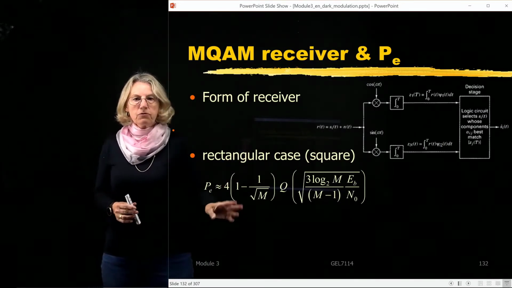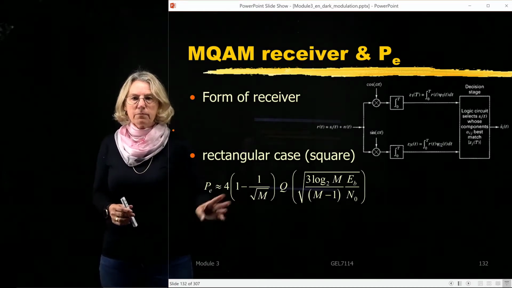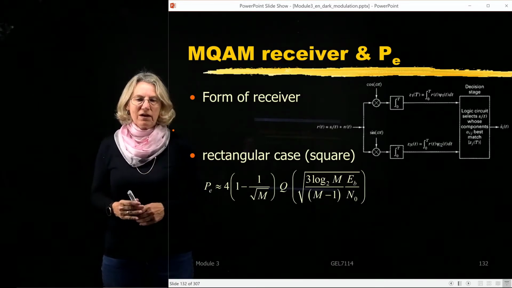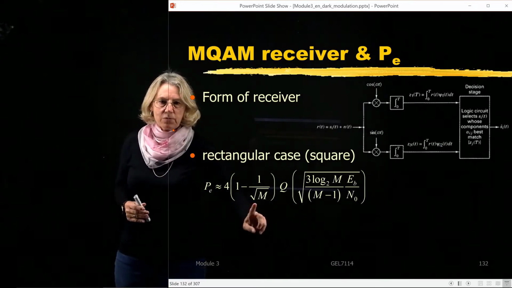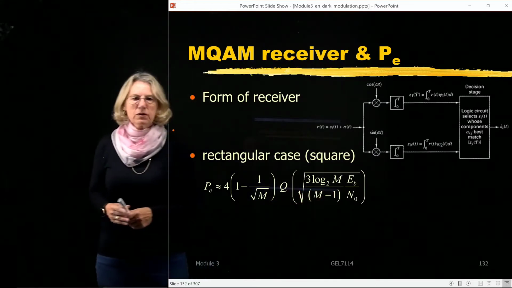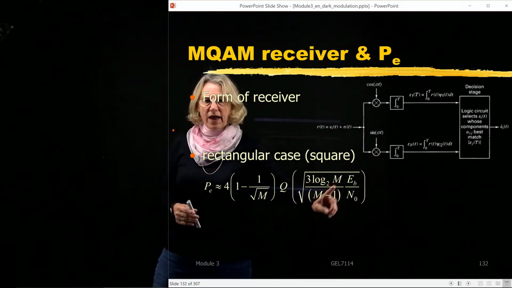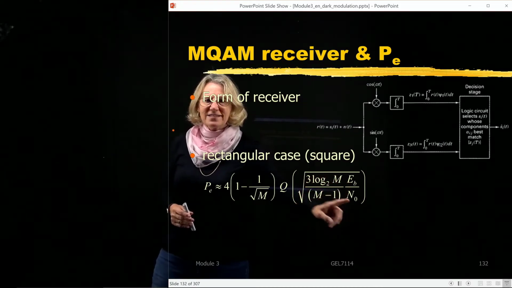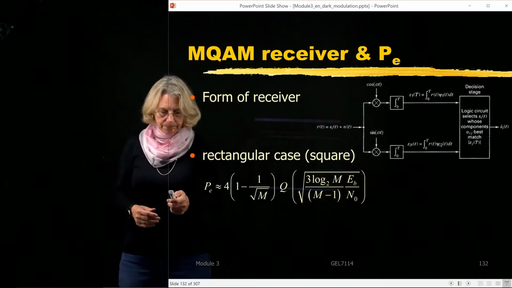And the performance we found for an arbitrary sized square QAM constellation was given by this expression. Again, a multiplicative factor out front, and then the Q of the square root of 3 log2 M divided by M minus 1, which is, remember, what multiplies Eb over N0.